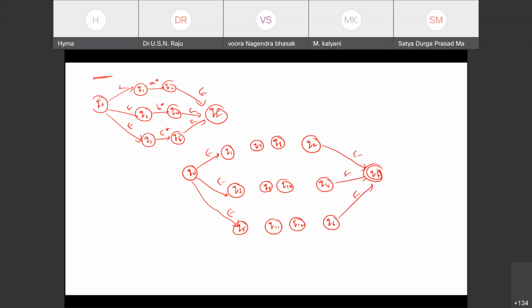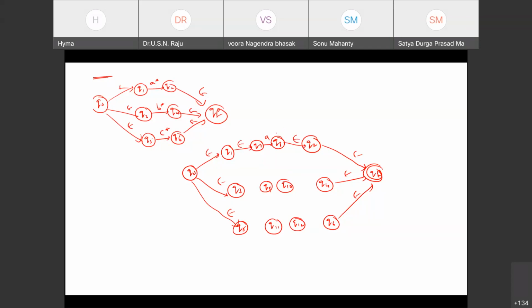Now between Q1 and Q2, I'm getting A star. Now you tell me what updates I need to do between Q1 and Q2. Q7 to Q8, what do I write? A, sir. Okay. Then epsilon from Q1 to Q7, and Q8 to Q2.